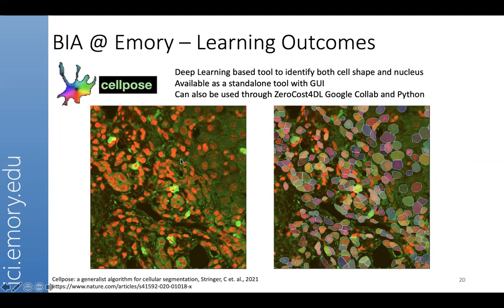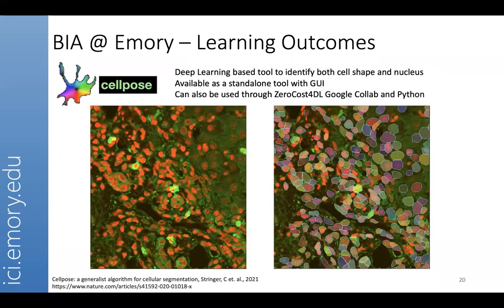So it's very difficult to identify cells over here, but using Cellpose, which is also a deep learning based tool, you are able to identify both nuclei as well as the cells very easily, which otherwise, without an appropriate label for hepatocytes, would be very difficult.